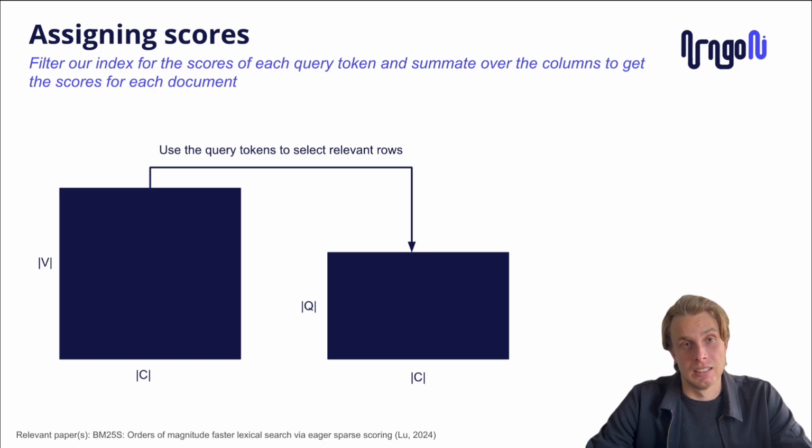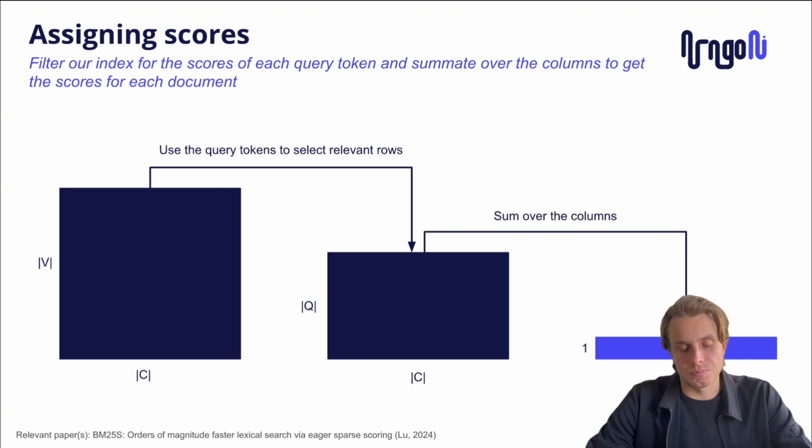And then that means that if we were to sum all of the values in the column, we would get the total score of the query for that document. So we can do exactly that. We sum over each column here, and again, each column is the documents, and we'll get a single vector as a result. And each entry in this vector now will have the BM25 score for that query from the user on that document.